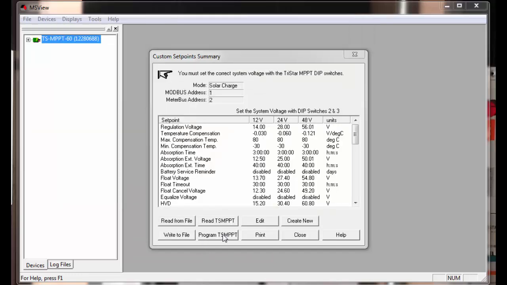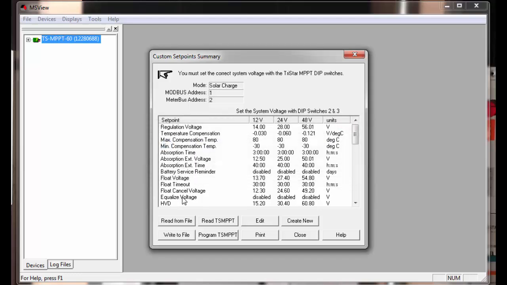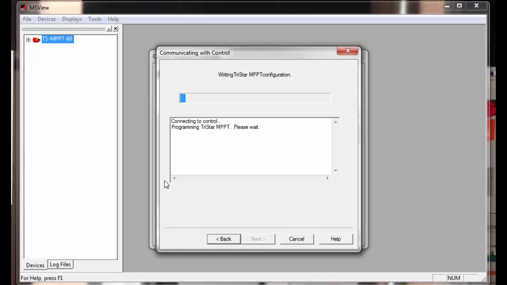So let's go ahead and program the controller now. Using the program button, since we're connected here, this will disconnect and program the controller. And the communications information pops up. That's mostly if you are not already connected to it and didn't enter it from the controller itself.